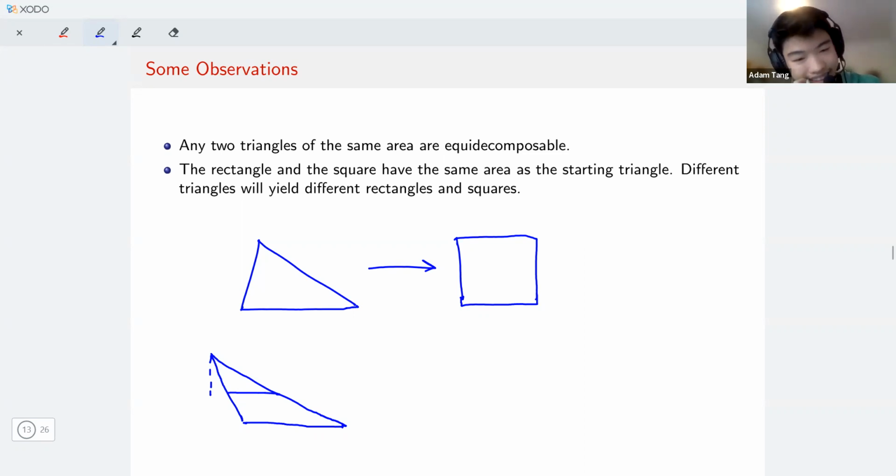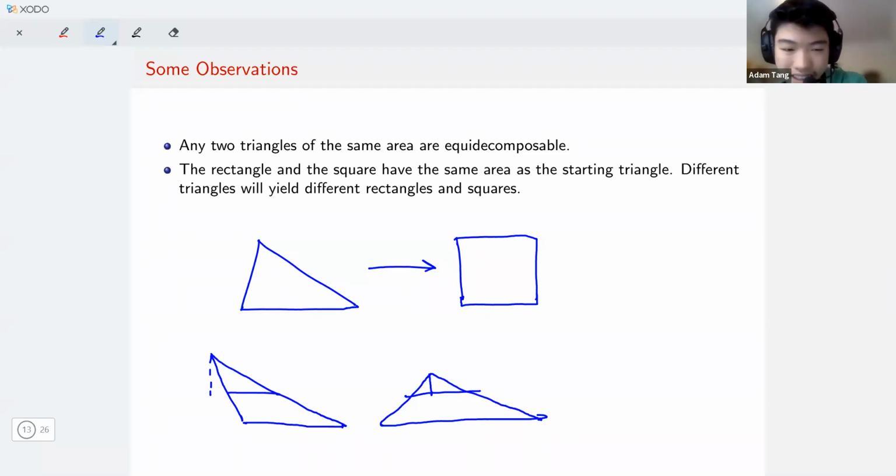We just flip it like so that the obtuse angle is now on the top. And this guarantees that we can finally make that cut that we want. So pretty much any triangle can be turned into a rectangle, and any rectangle can be turned into a square of the same area. So we finally get that a triangle can be turned into a square.